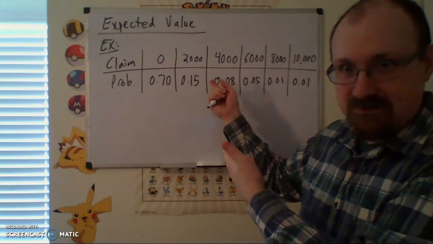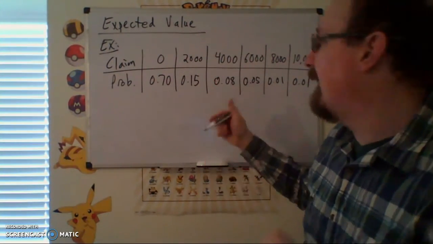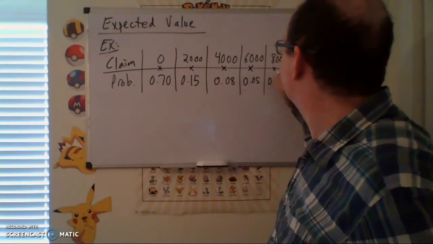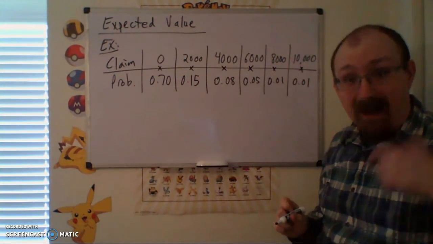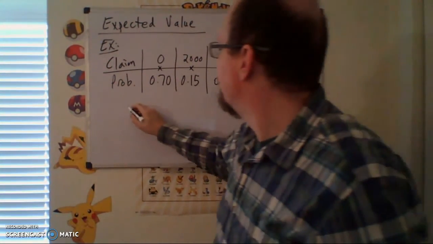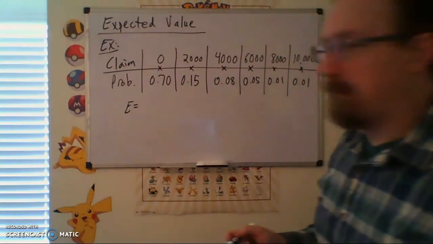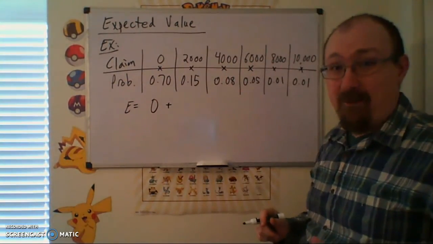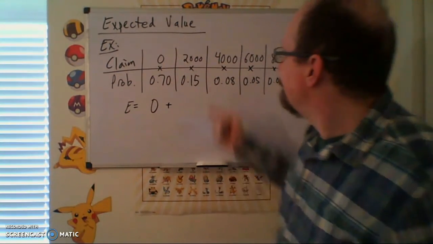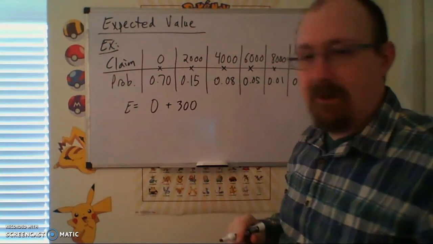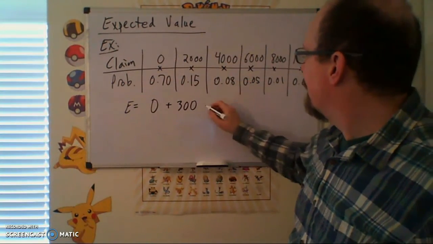So we can use our table to calculate that expected claim value. Same idea: multiply each of my claim totals by its corresponding probability, expressed as a decimal, not a percentage. I'll dispense with breaking it down in chunks here. We've already let the cat out of the bag: we multiply, then add. So 2,000 times 0.15, I got 300 out of that. 4,000 times 0.08.